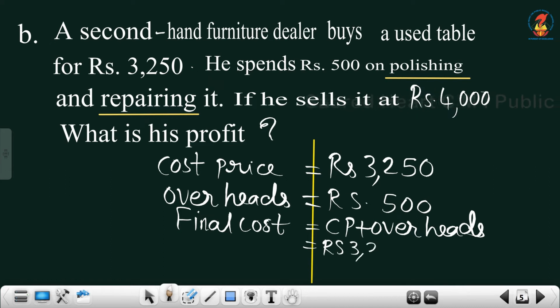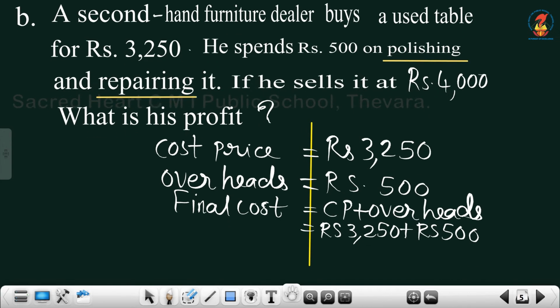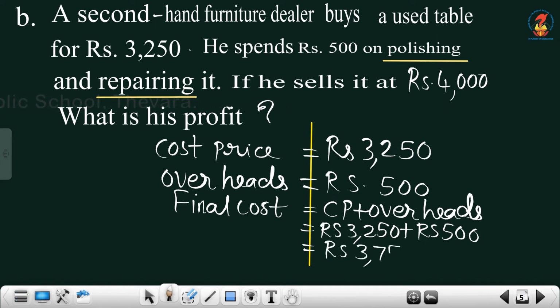Rupees 3,250 plus rupees 500. Answer is what? Rupees 3,750. Rupees 3,750 is the final cost.